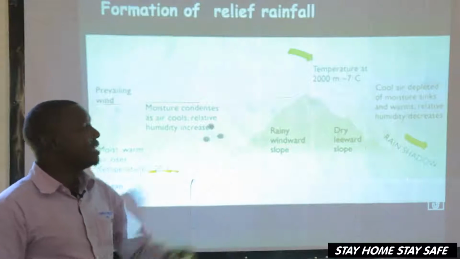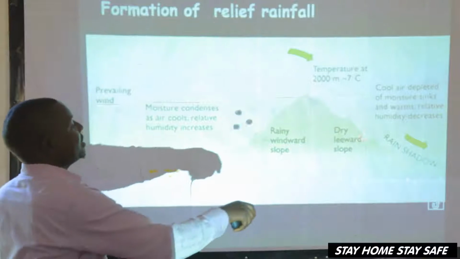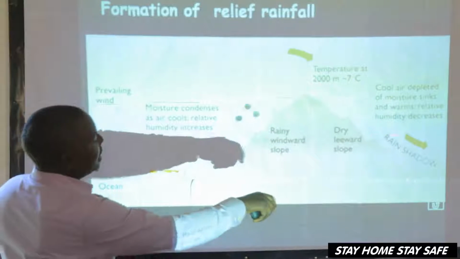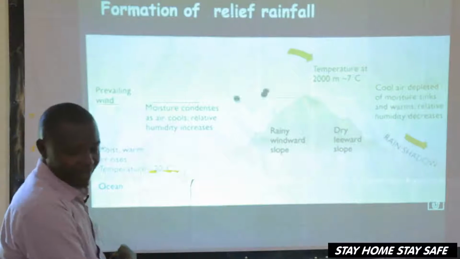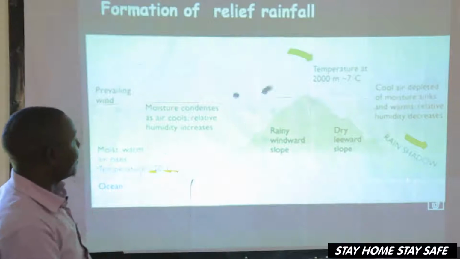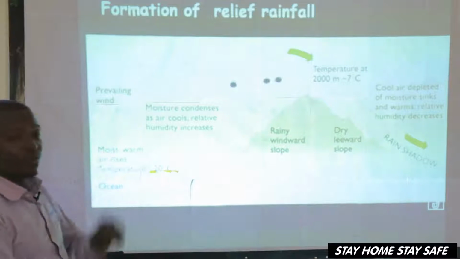So this side is going to be called the leeward side, and this one will be called the windward side. Now, that is briefly how relief rainfall is formed.